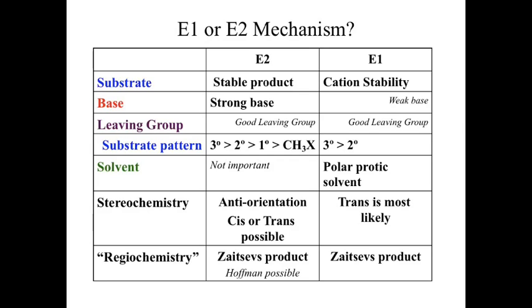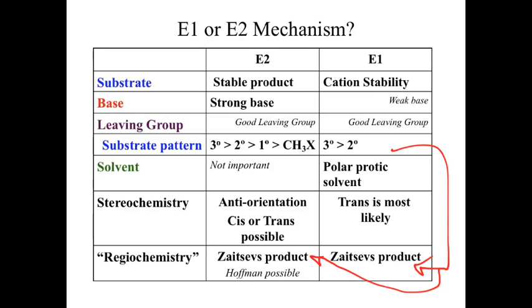Substrate pattern, you'll notice in both of these we're looking at tertiary substrates being the one we want. This is because the tertiary substrate is necessarily going to lead us to the Zaitsev product, okay, which is our most stable product in both circumstances. Okay, so that is a big departure from the SN2 reaction.